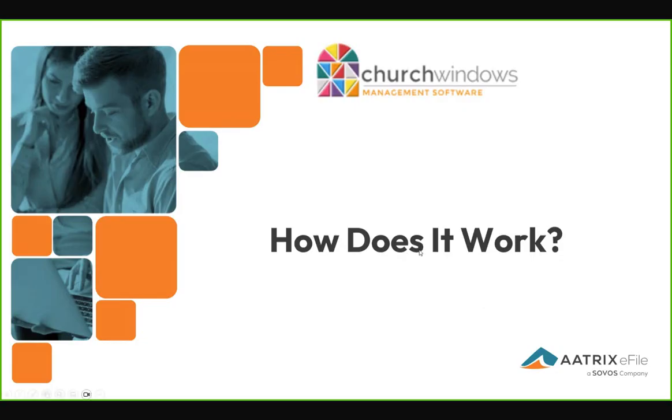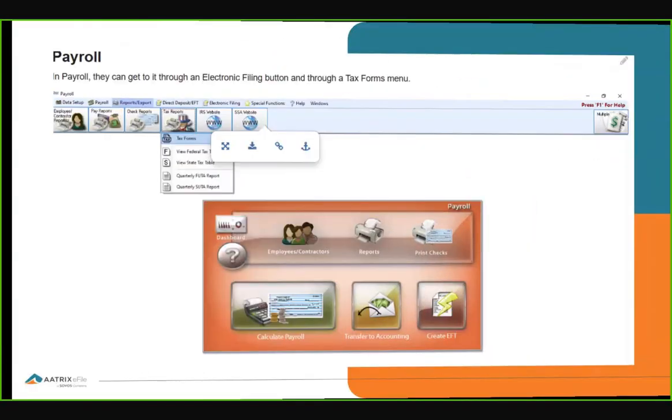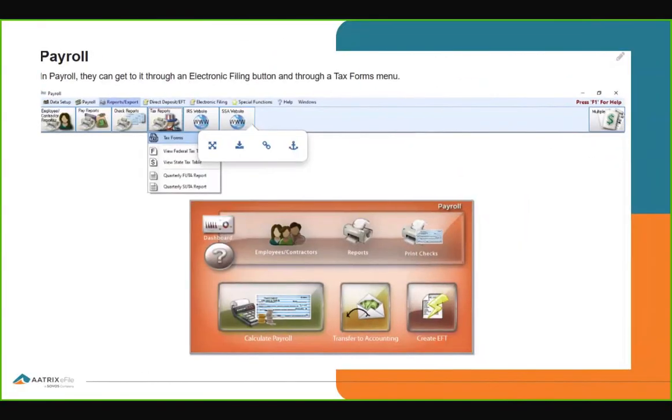Just piggybacking off what Scott mentioned, taking that manual process and now somewhat automating that can be done right through your Church Windows product. On the next slide, you will see some screenshots that we've taken of how to access these forms right within your Church Windows. If you open up your software, you'll see a payroll export tab.